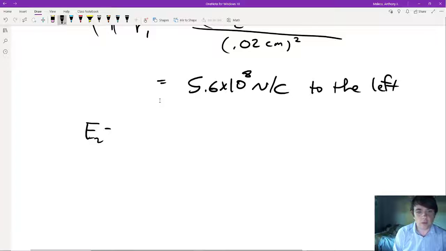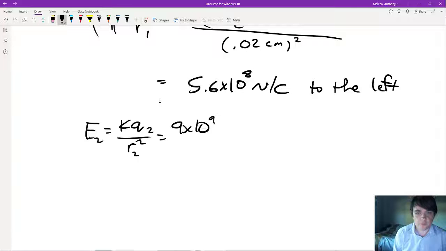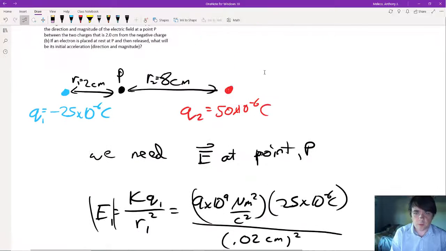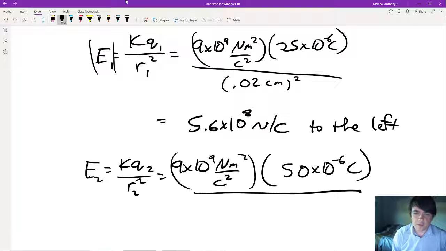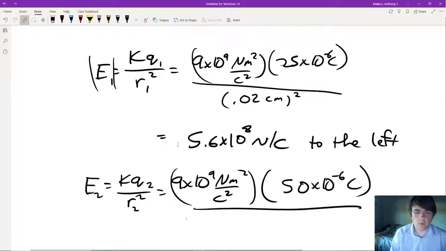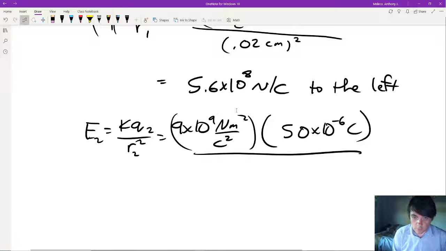We need to do E2 now, which is K Q2 over R2 squared, which is 9 times 10 to the 9 Newton meters squared per Coulomb squared. Q2 is 50 times 10 to the minus 6, over 0.08 meter squared.